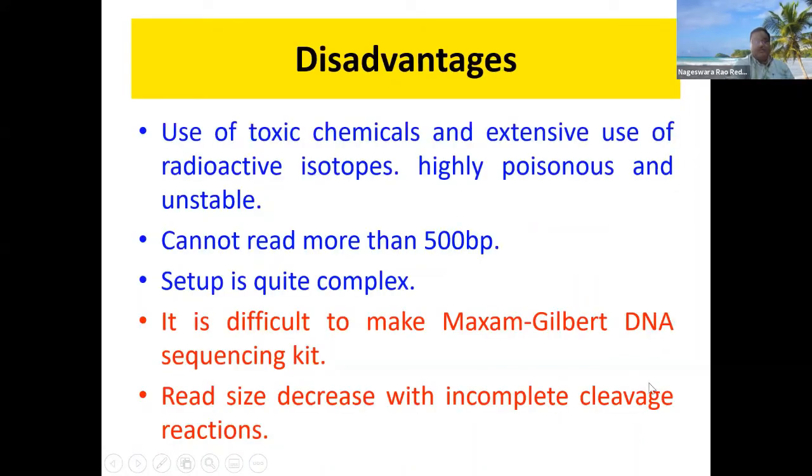So this is about the first generation technology. These two DNA sequencing methods, Sanger's DNA sequencing and Maxam-Gilbert sequencing, were based on running on a gel and reading the sequence from the gel, with the limit of 400 to 600 base pairs.